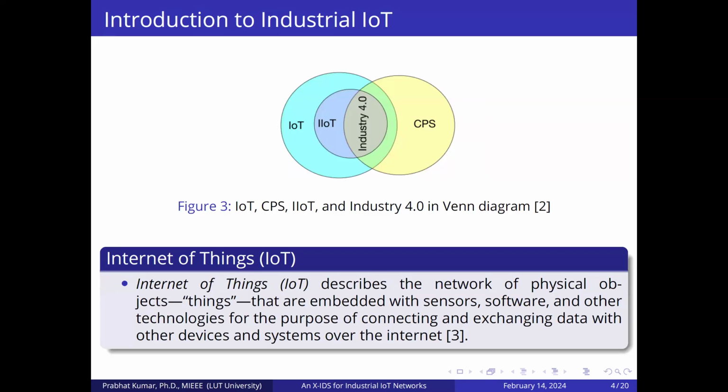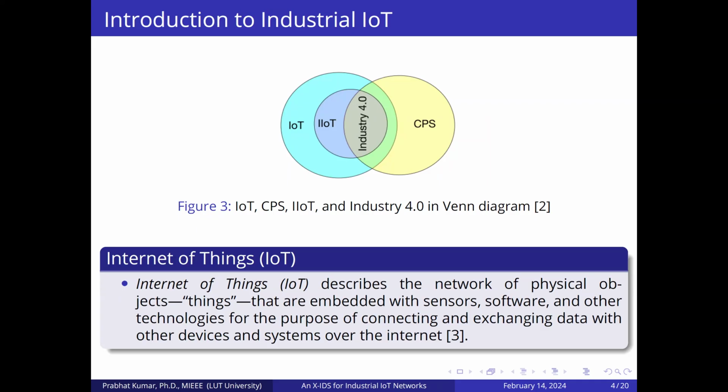So in IoT, if I talk about the general definition of IoT, basically it is a network of physical objects, and these physical objects can be anything, starting from your room temperature to proximity sensors and so on. Means different types of sensors, I mean.